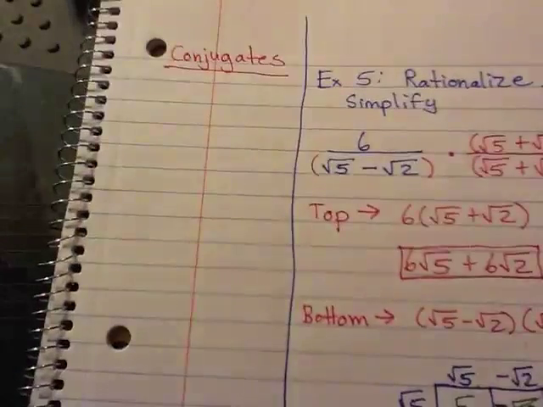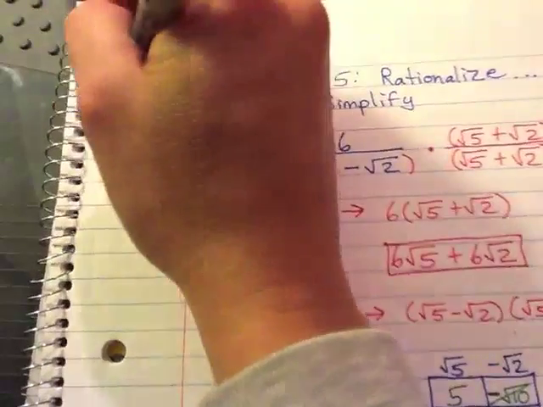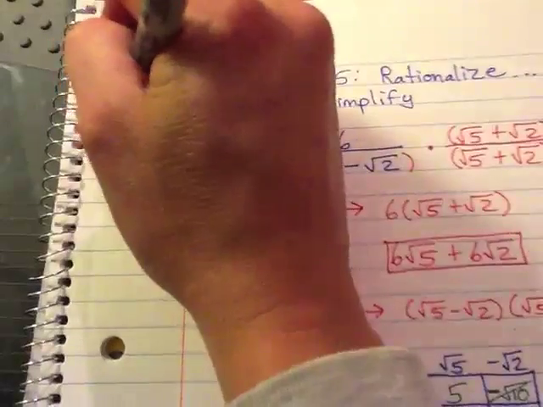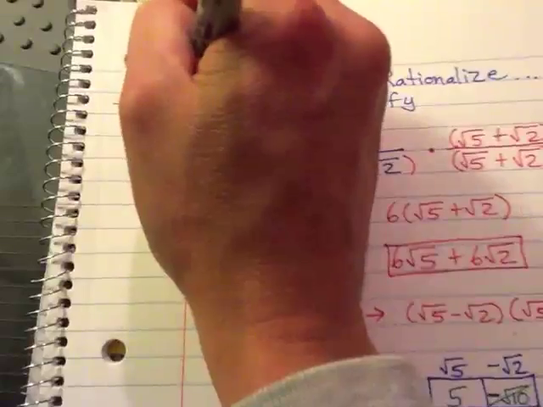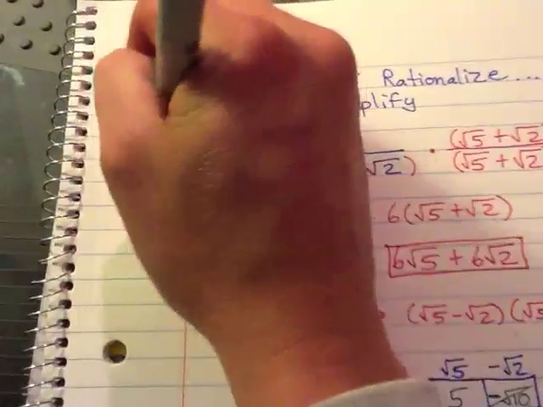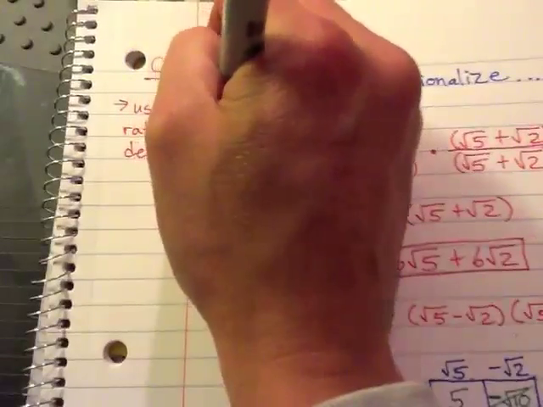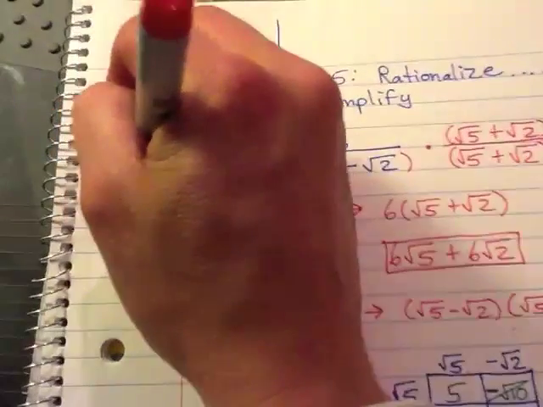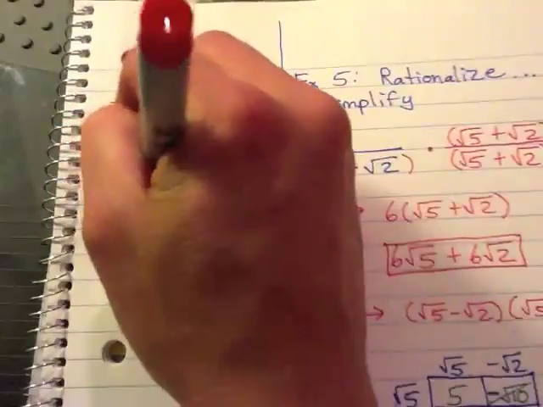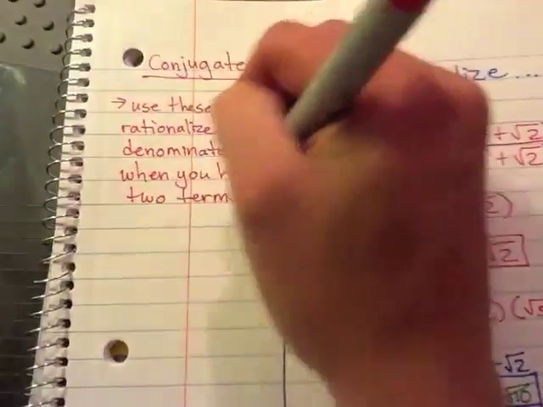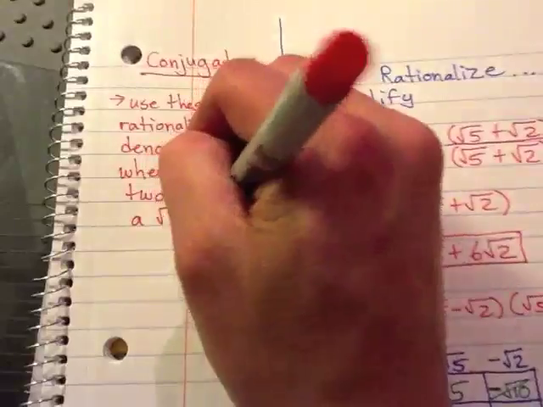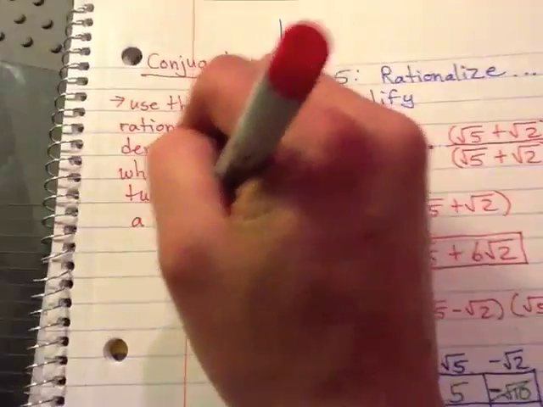So these conjugates, you're going to use these to rationalize the denominator when you have two terms with a radical in the denominator.